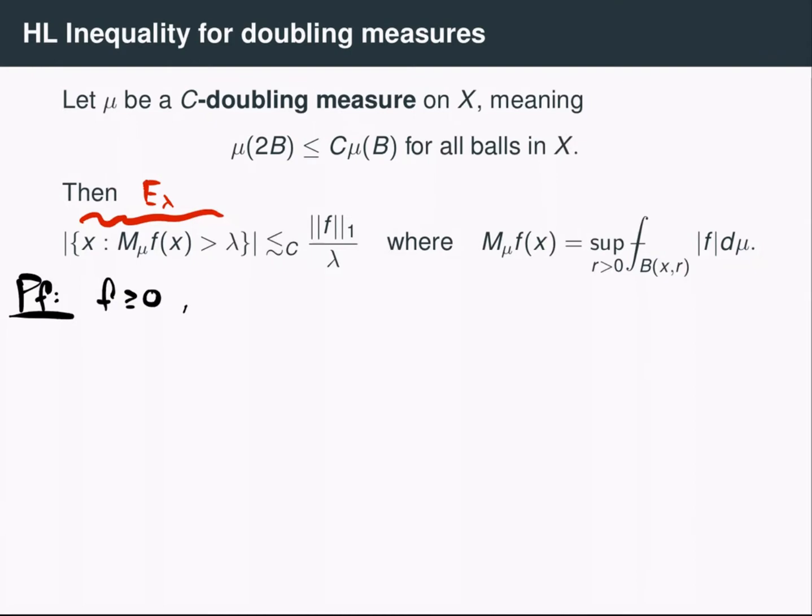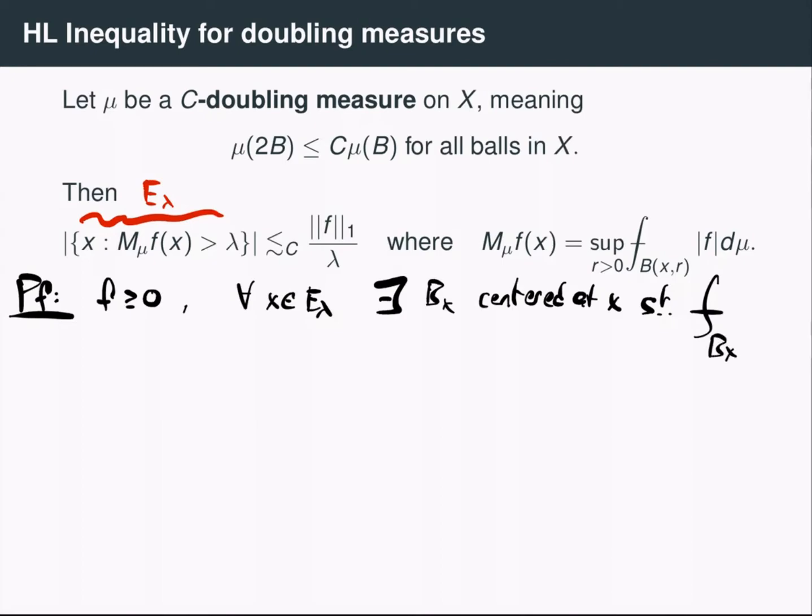Now notice that if x is in E lambda, that means the maximal function is bigger than lambda. So the supremum of these averages over balls centered at x is bigger than lambda. That implies there exists a ball, b_x, centered at x, such that the average over b_x of f d mu is bigger than lambda.